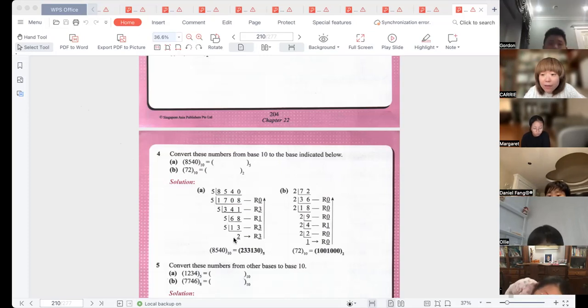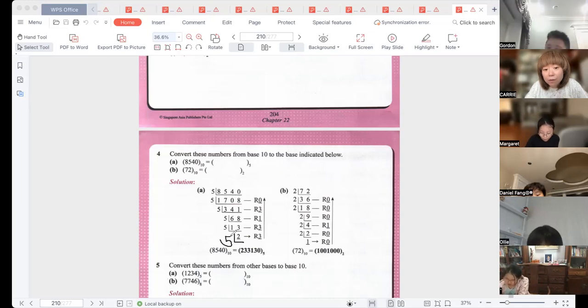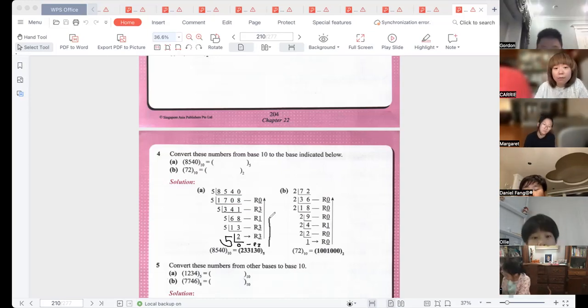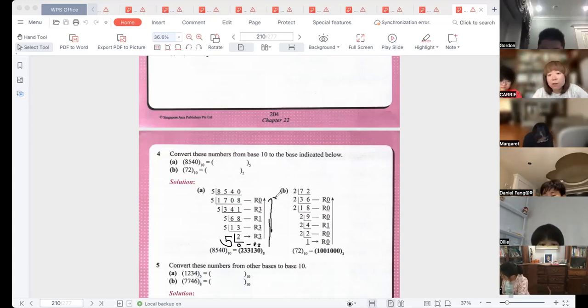Okay, so when you have the last one, 4 divided by 5 equals 0 and the remainder 4. 小朋友们记住了，这个数字是 reverse back 的，从下往上的，不是 23130，而是 031332. Understand, everybody? Okay, so we're gonna do another one, okay?